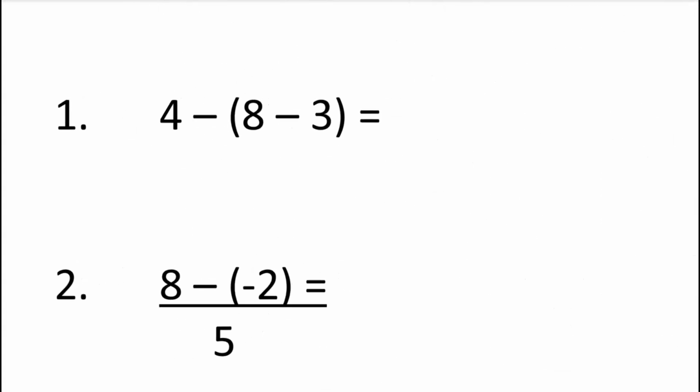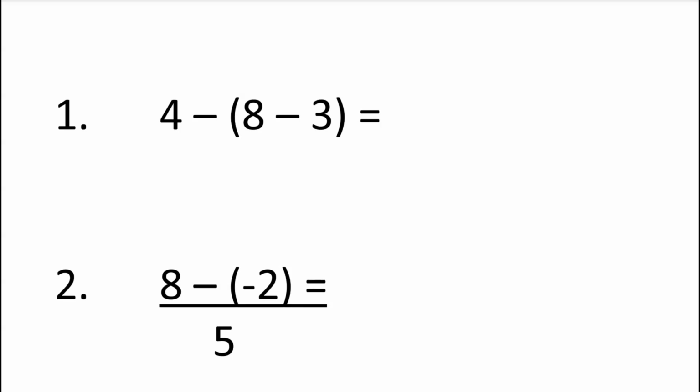Now let's try this out to see where our understanding is at and make sure that we're following the correct order of operations. So for question 1, we have 4 subtract, and then inside the brackets, 8 subtract 3. If we're following Bedmas or the order of operations, we know that the first thing we should be looking for is, are there brackets?